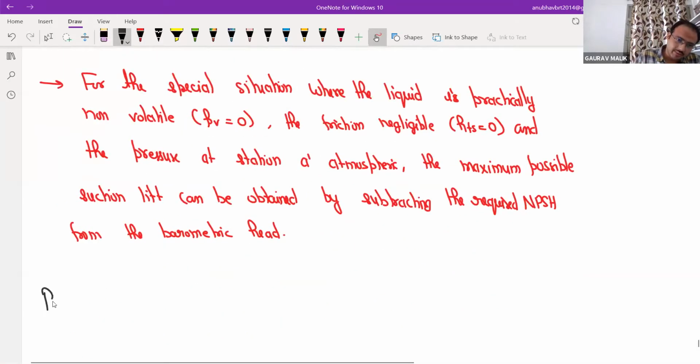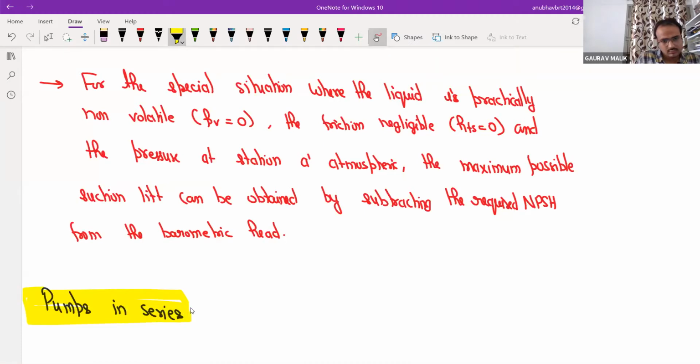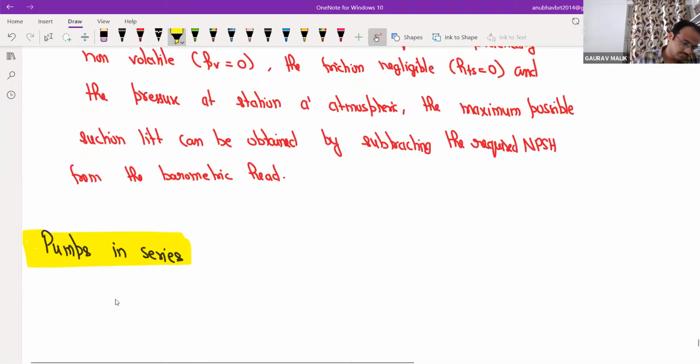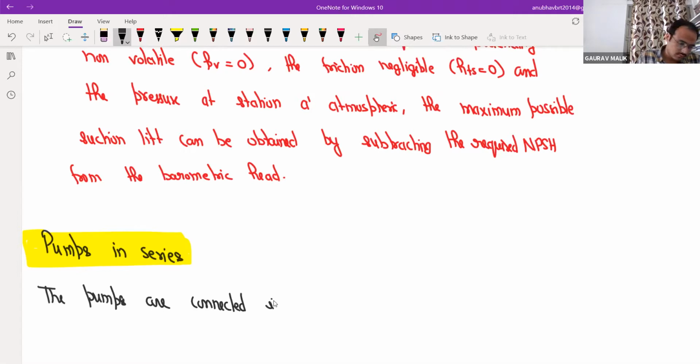Next one is pumps in series and pumps in parallel. Pumps in series: the pumps are connected in series in order to increase the head at constant discharge.